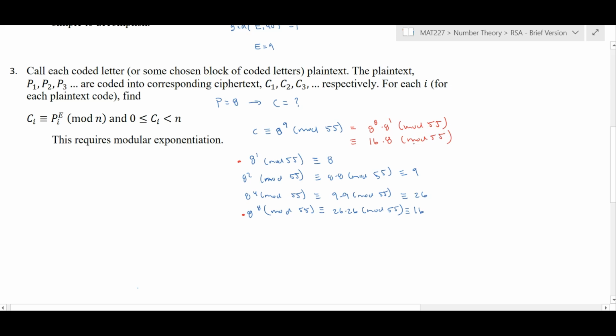And so if we do 16 times 8, we get 128. 55 will go into that twice, and that will leave us, let's see, 128 minus 2 times 55 gives us a remainder of 18. So my friends, that means that C is equal to 18, and that is the message that is going to get transmitted to Bill.